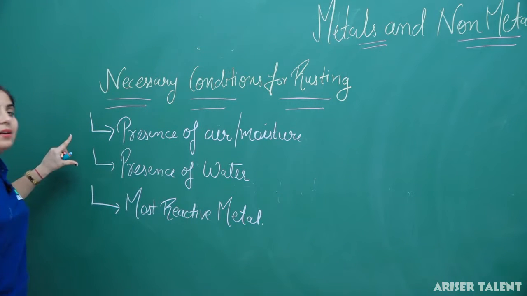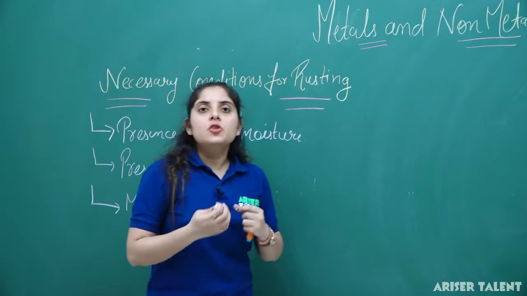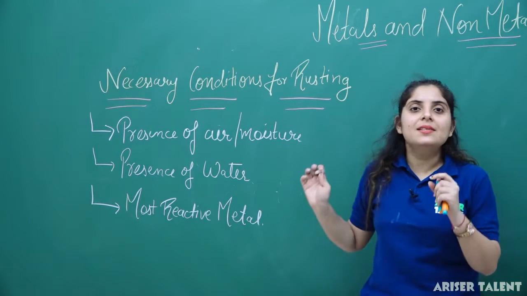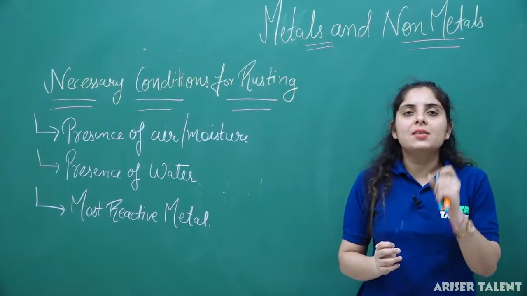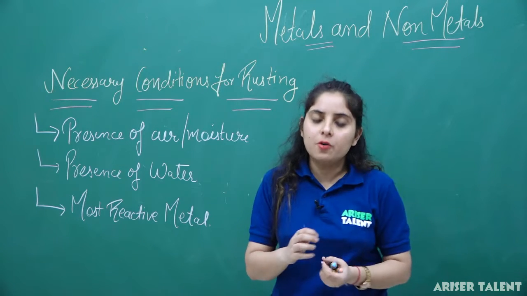These are the three necessary conditions for the rusting of iron to occur. So we have dealt with air, water and the reactivity of the substance in this topic. Now we will see the presence of all these compounds with an experimental setup and see how these conditions are essential for the rusting of iron.